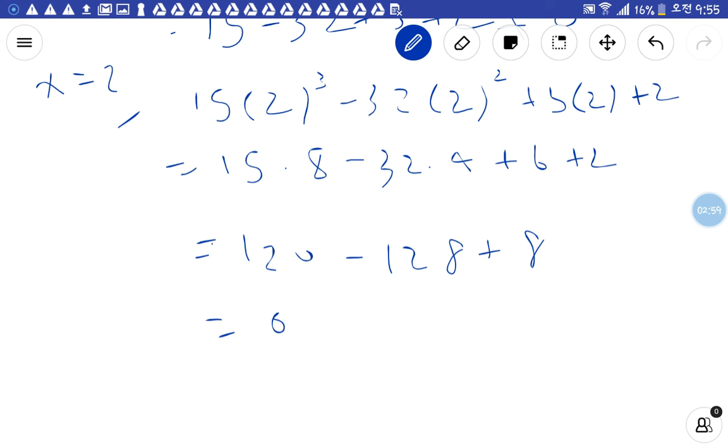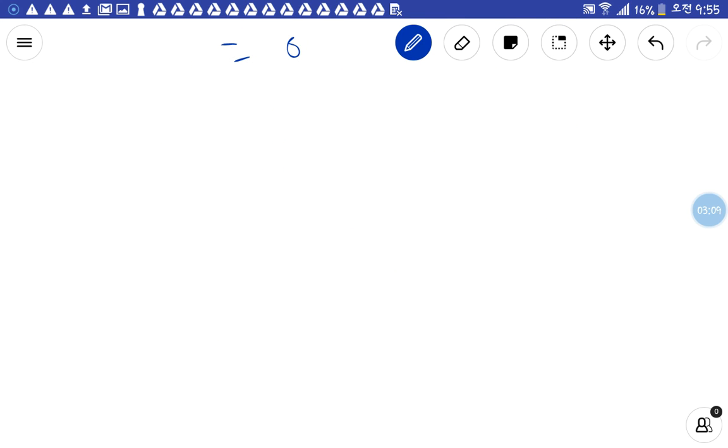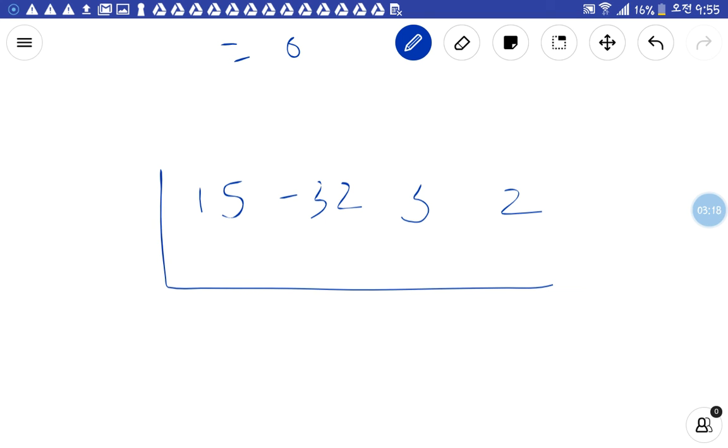So now, you're going to keep factoring the polynomial using this number 2, by using synthetic division. So I would do 15, negative 32, 3, 2, and use 2 this time. Bring 15 down, multiply 2 and 15. That is 30. Write it down. That should be added every single time. That gives you negative 2.